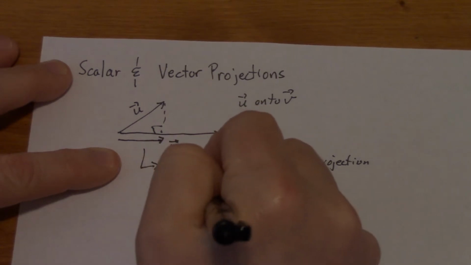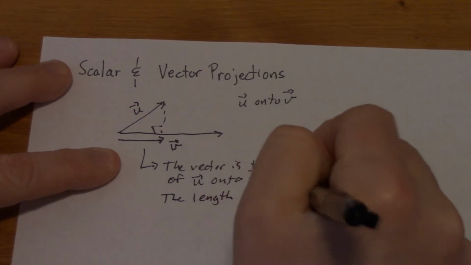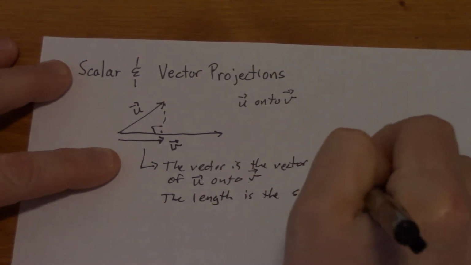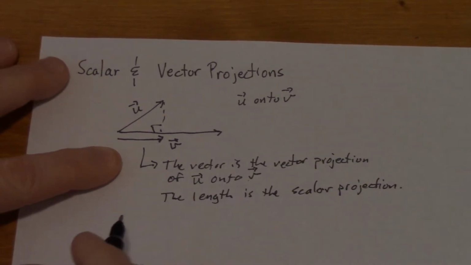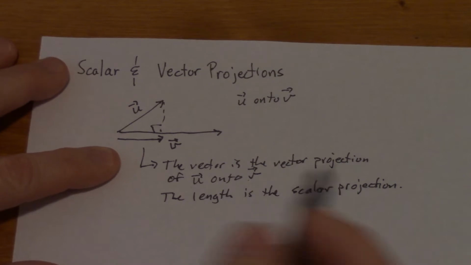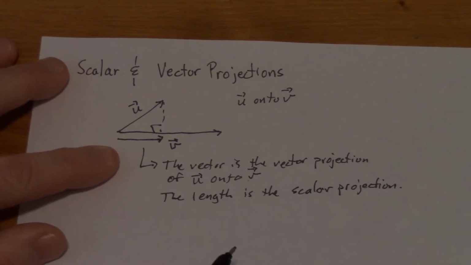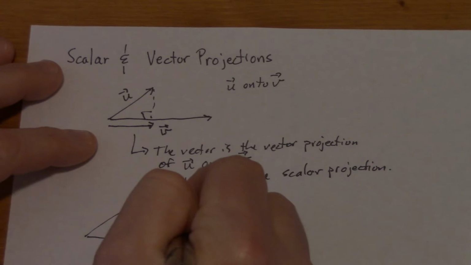The length is the scalar projection. Now let me just say, there's not a whole lot of uses for the vector projection, but we'll talk at least about one of them. The scalar projection is very important in finding distances. Okay, so let's derive how we get it first.